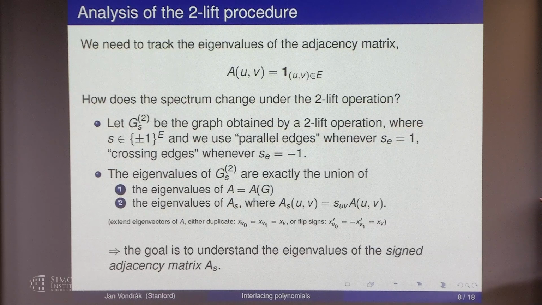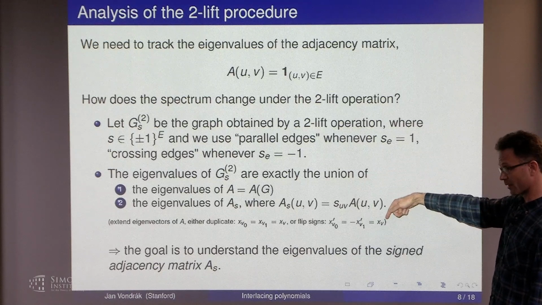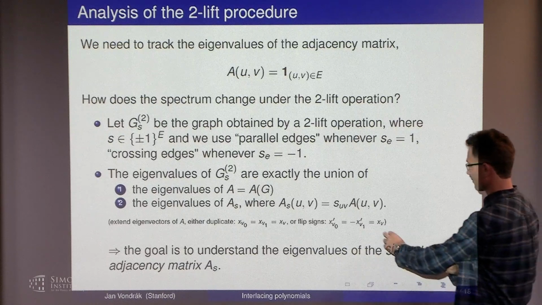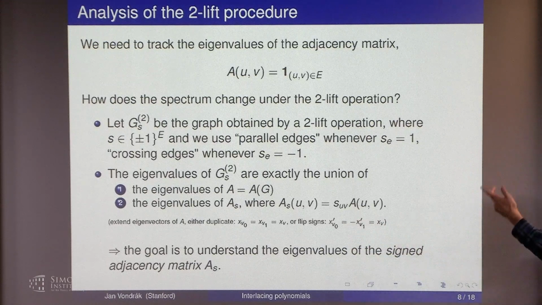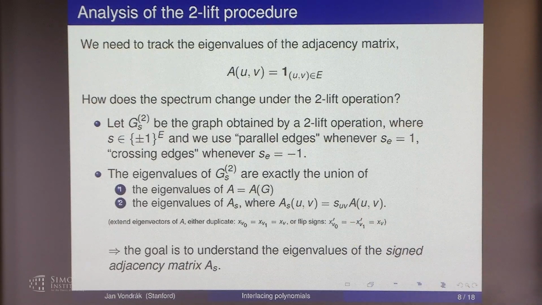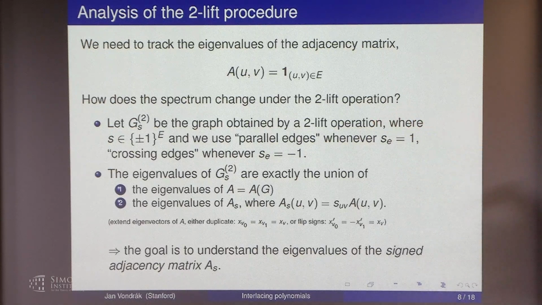But then for each vertex, which became 2 copies, I will flip the sign on one of the 2 copies. And it's easy to see that when you apply the signed adjacency matrix to it, this will be an eigenvector. Sorry, this should be the eigenvector of the signed adjacency matrix. And when you arrange the signs like this on the new graph, then it will be an eigenvector of the adjacency matrix of the blown up graph.